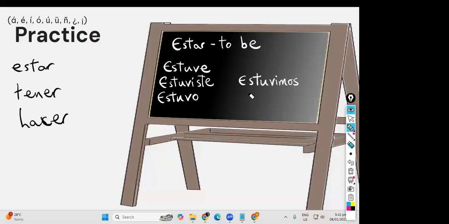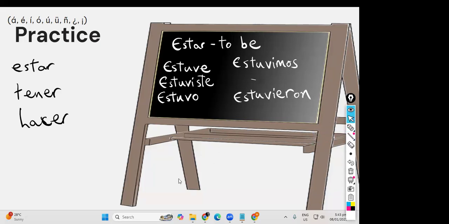Oh, why is this down here? I want the we forms, the first person forms, to line up. So estuvimos, right? Nothing for vosotros. Estuvieron. Right? They were, you formal plural were.